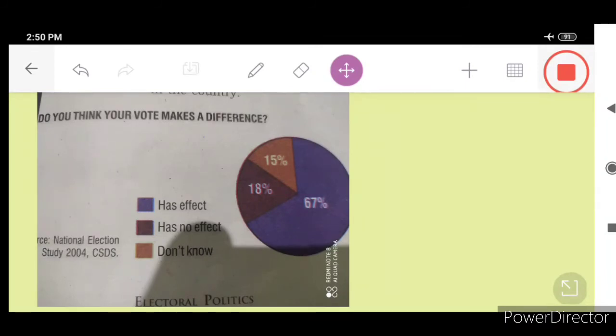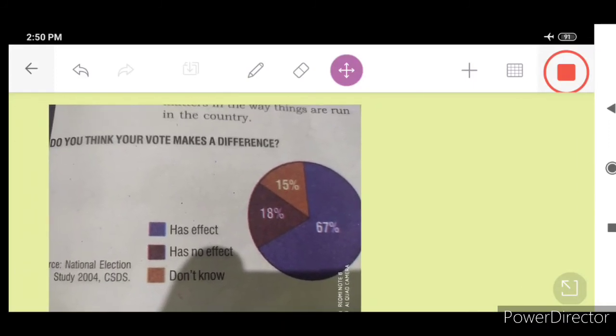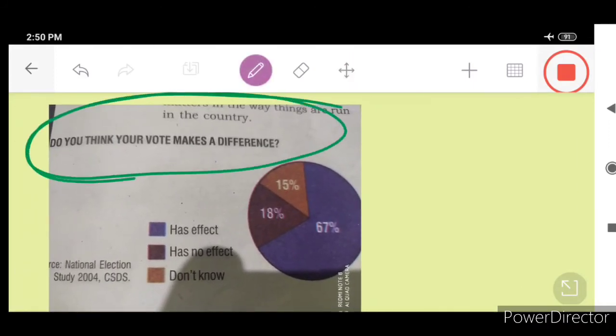The point is, do you think the vote cast by the people makes a difference, or that it makes no difference? The source is the National Election Study 2004. They conducted a survey on whether the vote cast by the people makes a difference or has no effect.